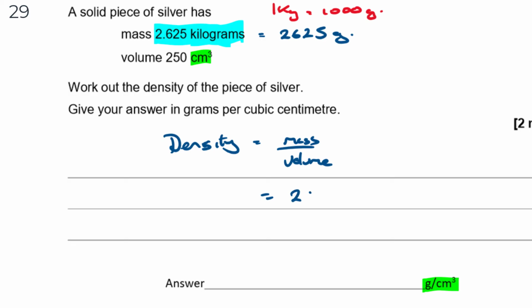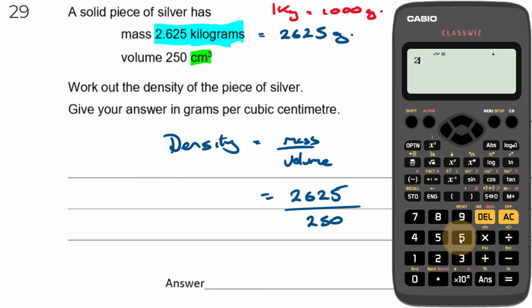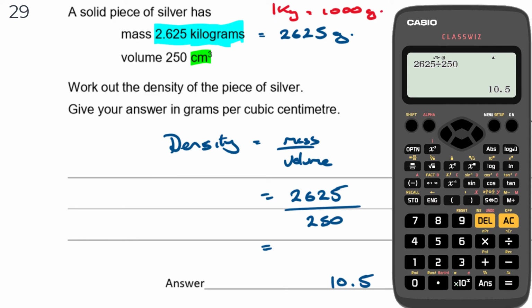I'm going to get 2,625 divided by my volume of 250. So what's that then? 2,625 divided by 250 comes out to be 10.5. So it's going to be 10.5 grams per cubic centimeter.